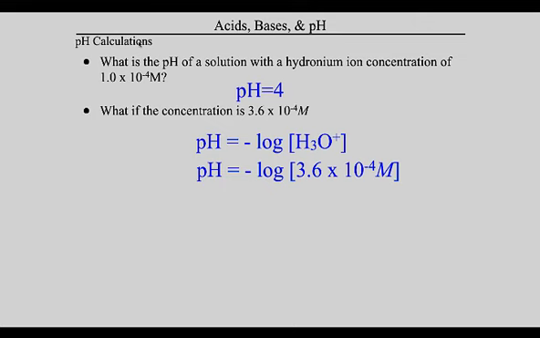And remember how we put scientific notation in our calculator, the EE button: 3.6 EE, and then negative 4 is not subtract 4, it's the change sign 4. Close the parentheses, and it's the second of that. And the answer you should get is 3.4.